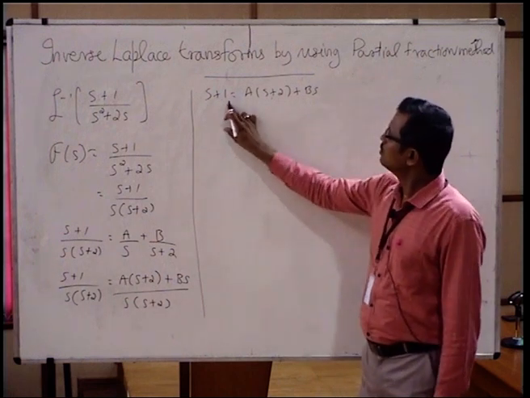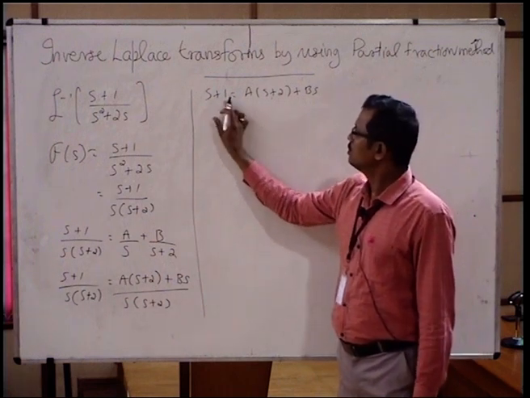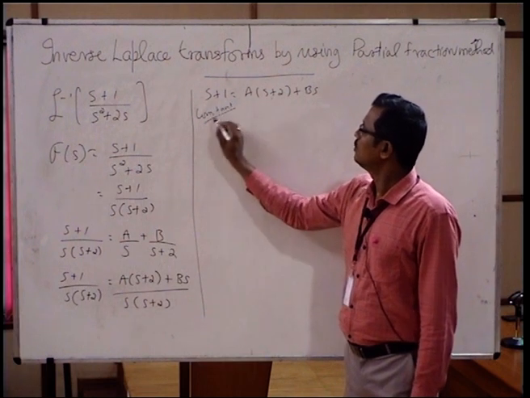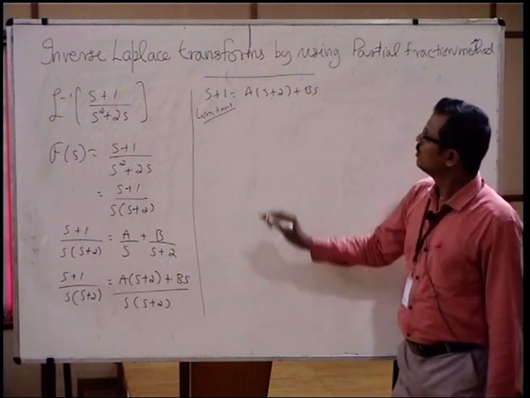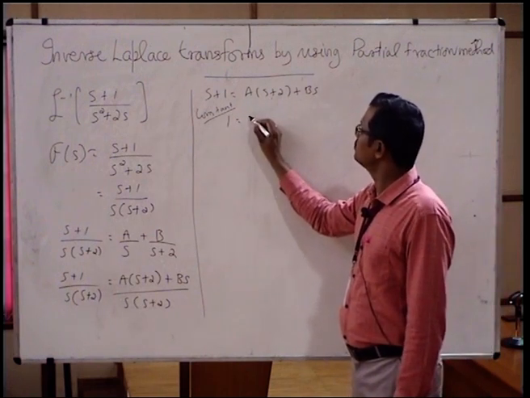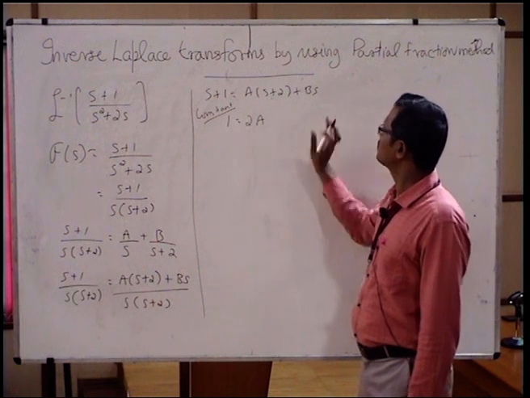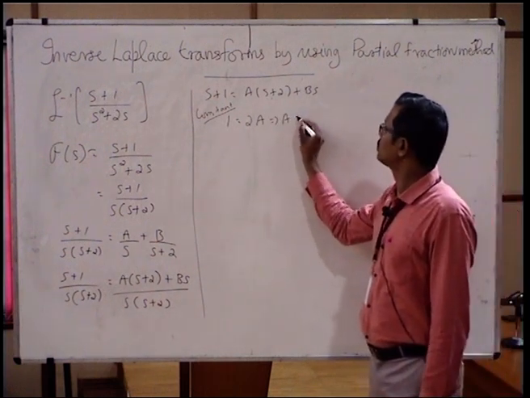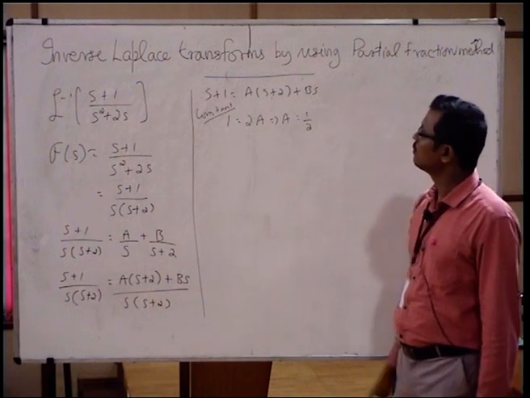So here, the constant term is 1 in LHS. So consider the constant term on both sides of the equation. So we get 1 equal to, on RHS constant term, 2a and here 0. So from this we get a equal to 1 by 2.